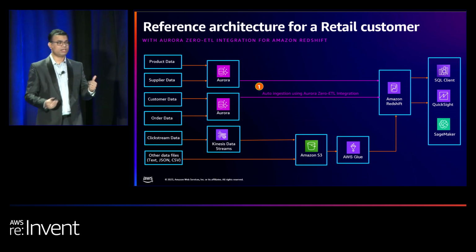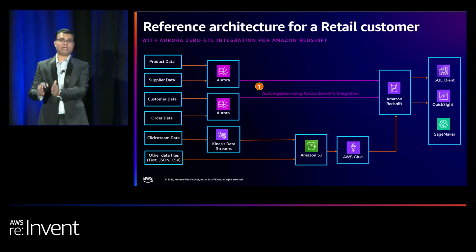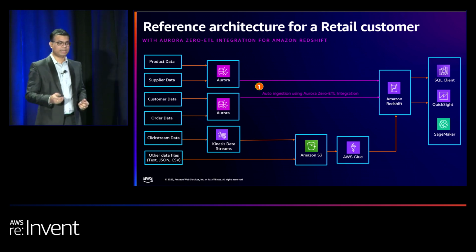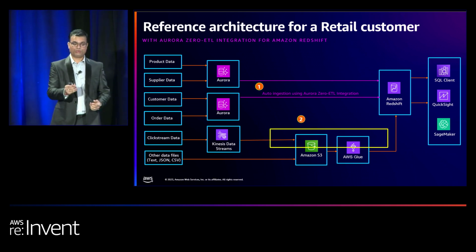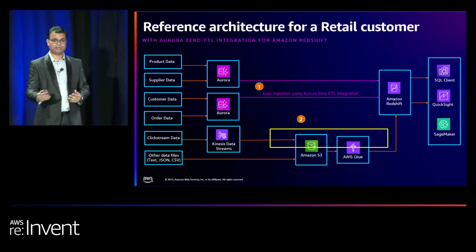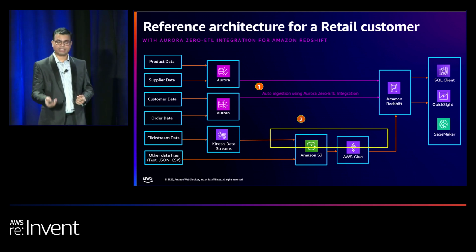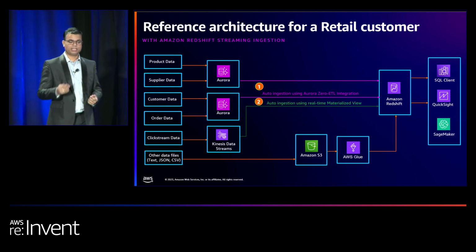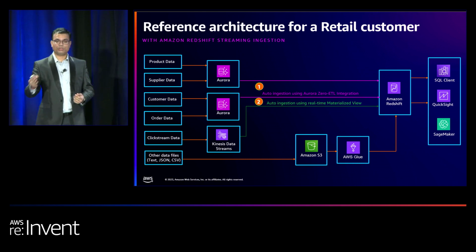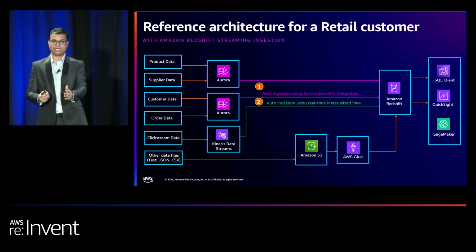So now no ETL, no more staging, and this data is available in near real time in your data warehouse. Now the next component, you have the Kinesis stream data, which you are loading into Amazon Redshift via AWS Glue jobs. You can also eliminate that process by using streaming data ingestion into Redshift materialized views. Again, in real time, you are able to load the data without any ETL.